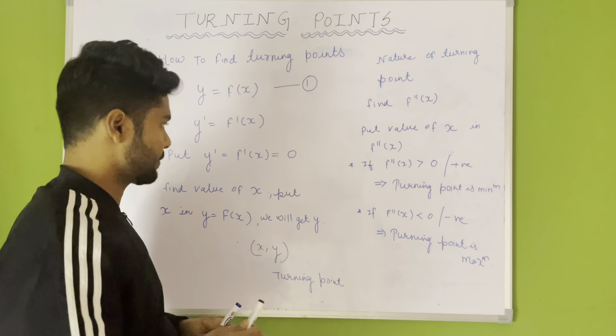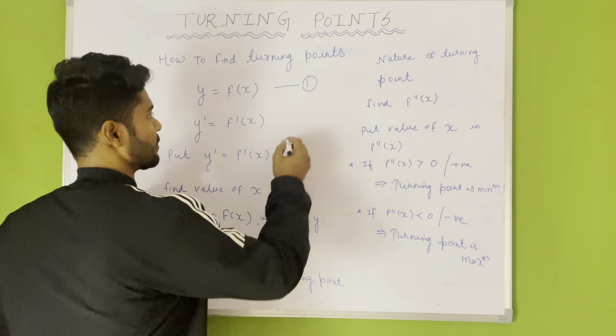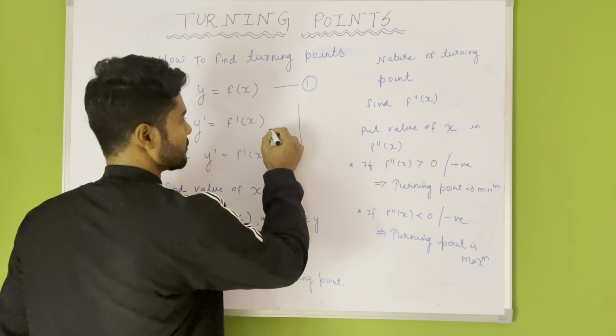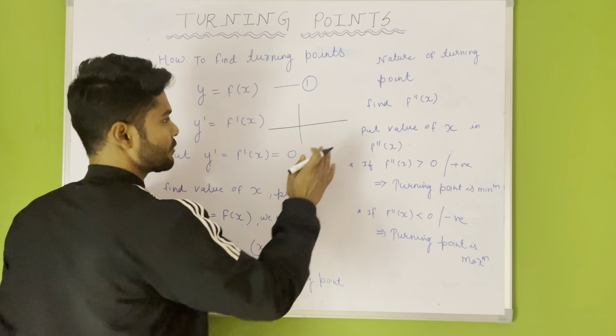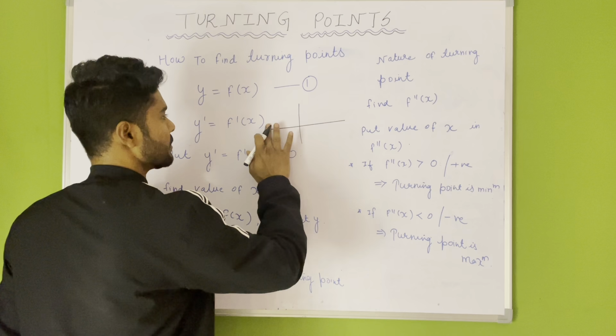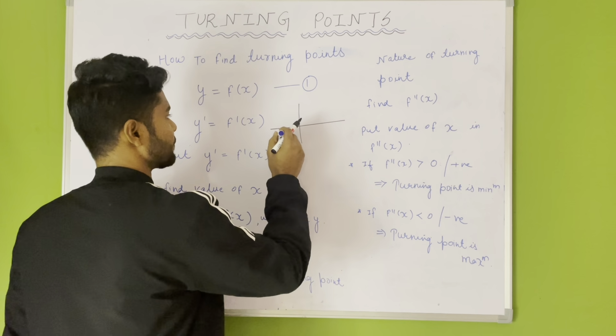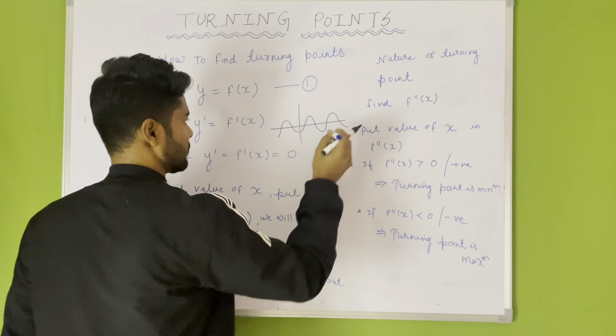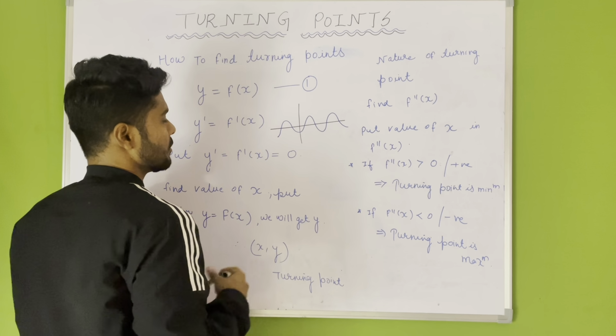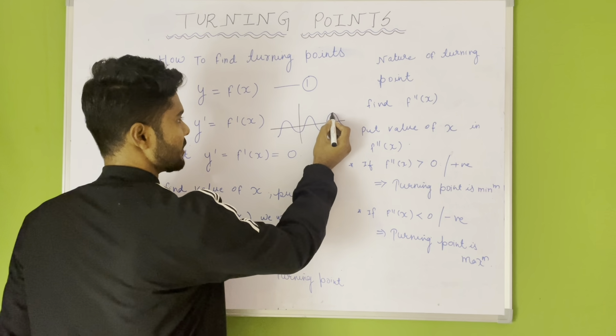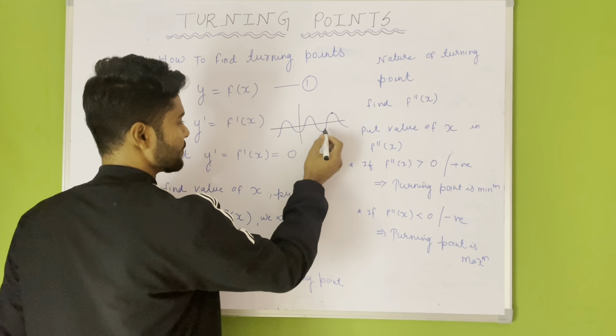For example, suppose I make this so that you can understand it in a better way. This is our curve. From here, let us take this point and this point.